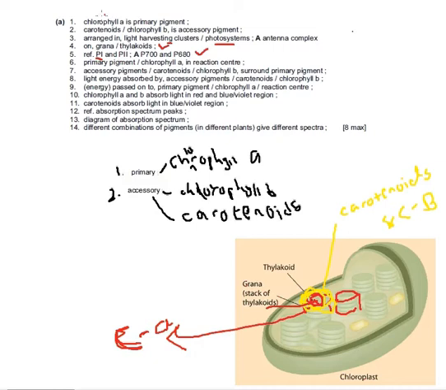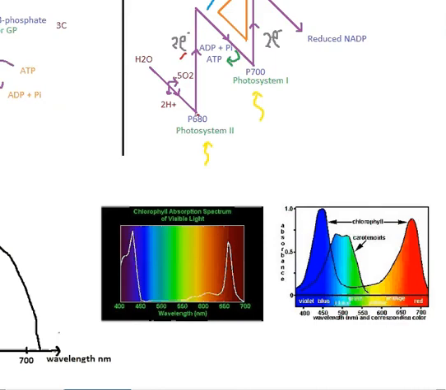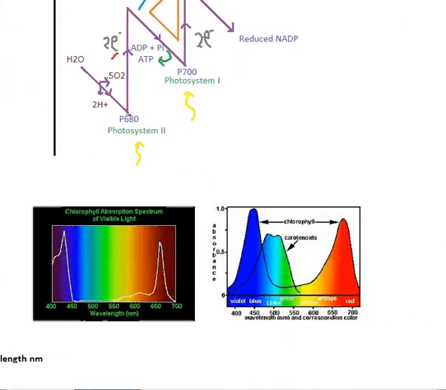Okay, so hope that's clear. Then we go to the next thing, which tells you that light energy is absorbed by accessory pigments, carotenoids and chlorophyll B. They absorb the light energy, then energy is passed on to primary pigments. So this is a part which may create a problem in understanding, that actually it's the chlorophyll B, this one is the chlorophyll B, and the carotenoids that absorb the light.